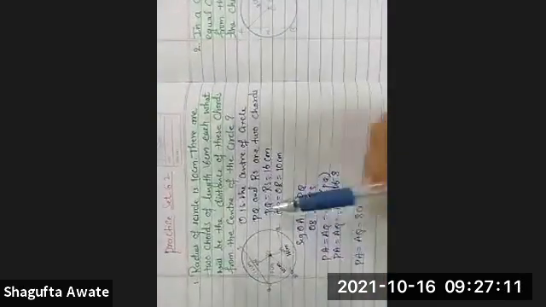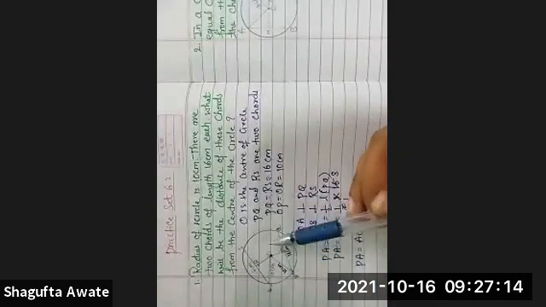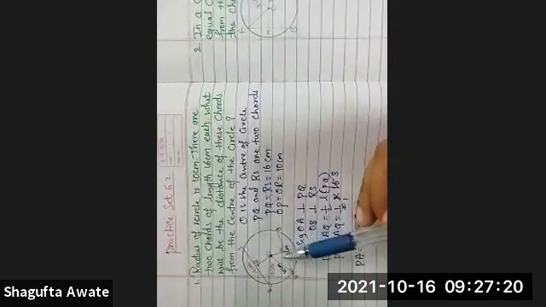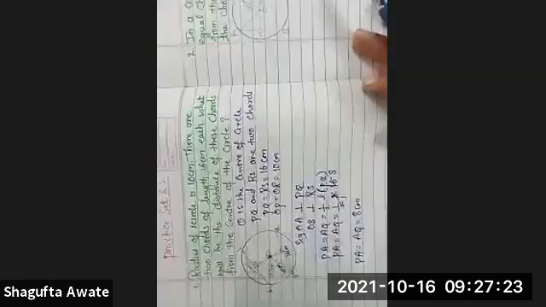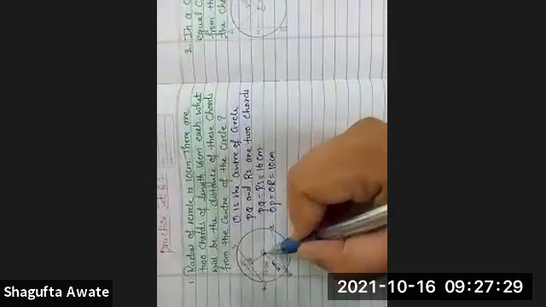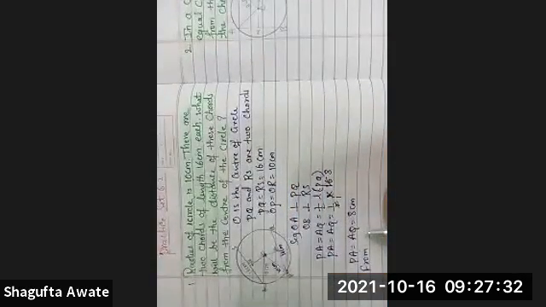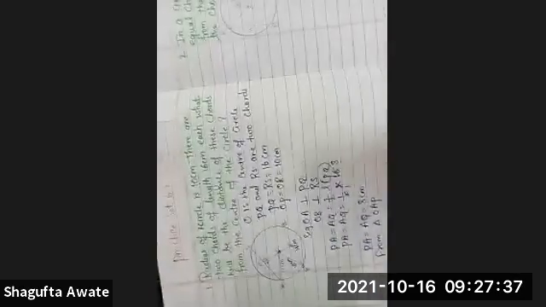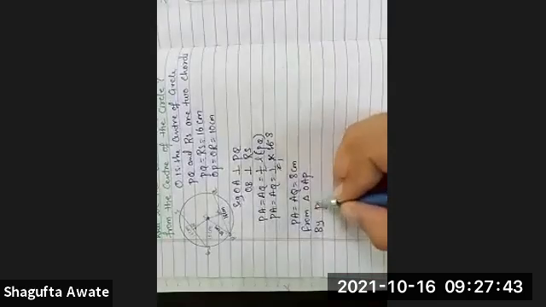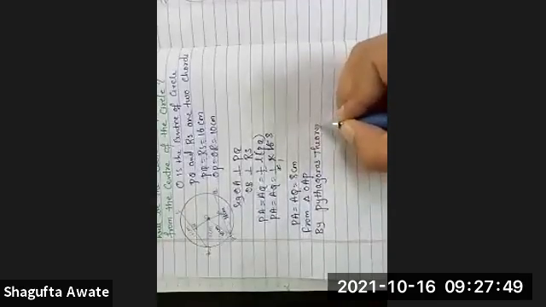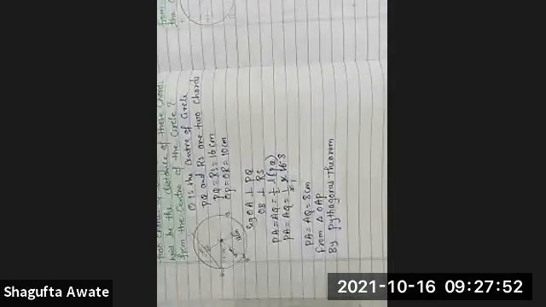So when we observe the triangle OAP, it is a right angle triangle, that is, it is of 90 degree. So by using the Pythagoras theorem, from triangle OAP, what we'll get?